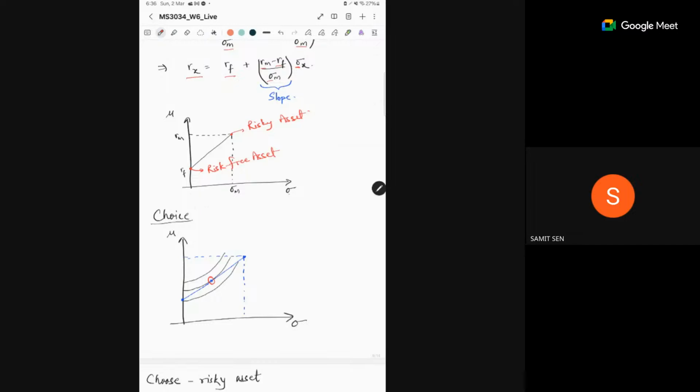So this will be my optimal portfolio, or the optimal investment bundle, which is represented in the form of mu and sigma, where mu is my mean portfolio return and this is my portfolio standard deviation.